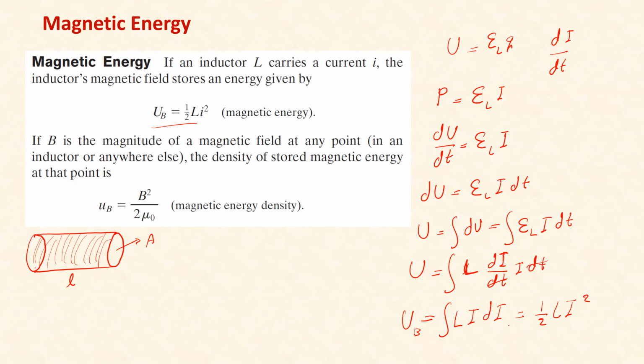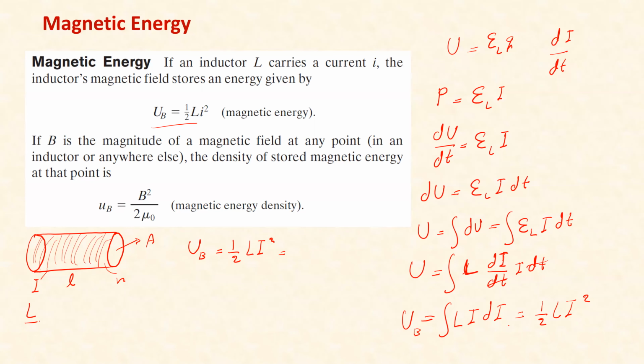The energy U of B is equal to 1/2 L I squared.